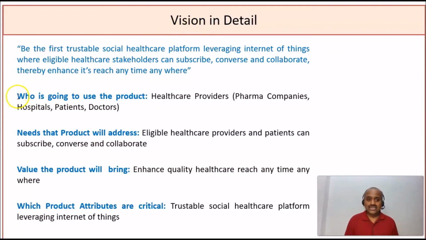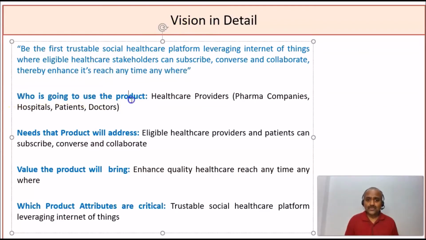So what are those attributes? Who is going to use our product? Healthcare providers, that means pharma companies, hospitals, patients, and doctors. Similarly, what are the needs that our product will address? Eligible healthcare providers and patients can subscribe, converse, and collaborate. That means healthcare providers and patients both subscribe, converse, collaborate, and do e-commerce.